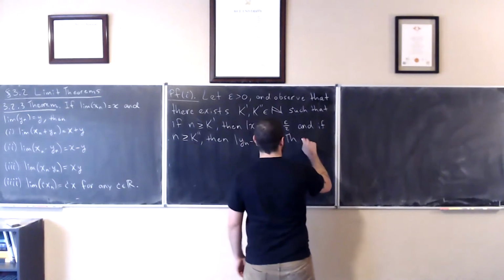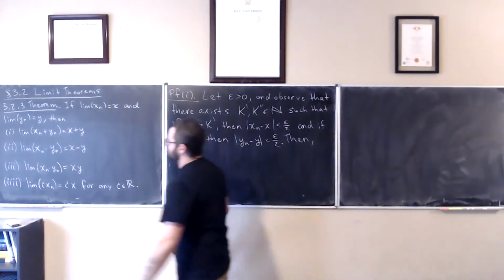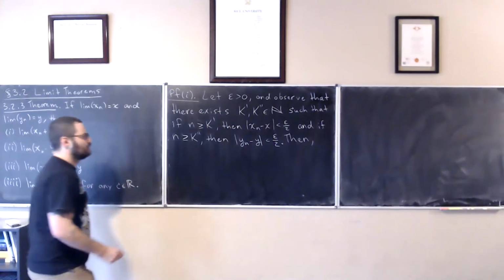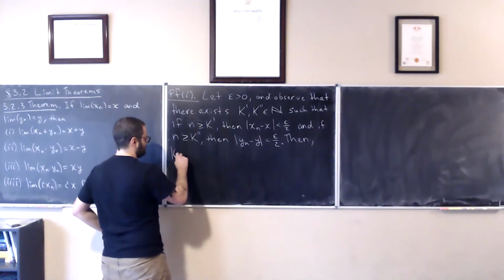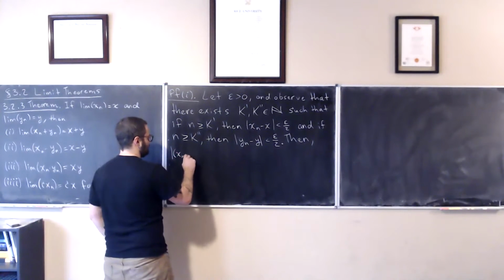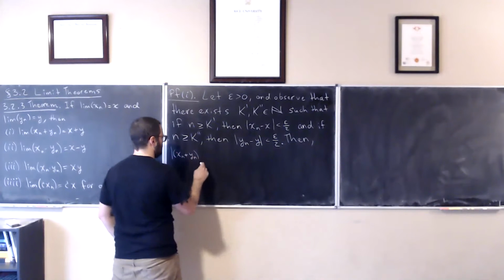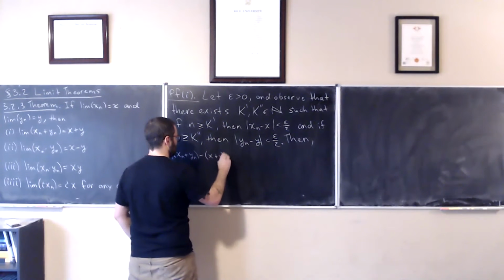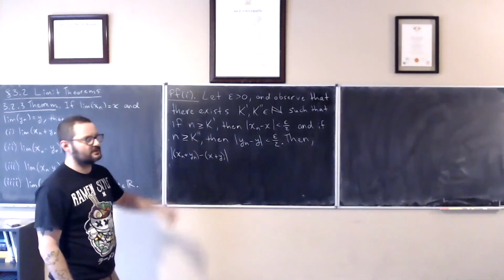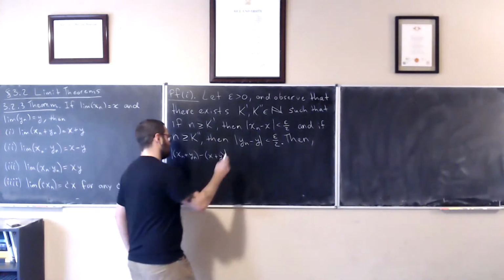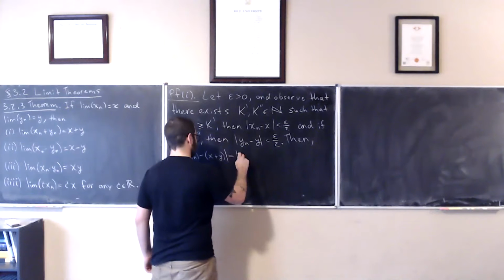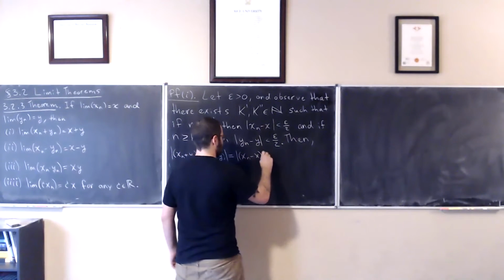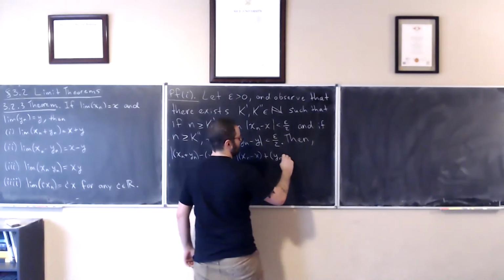So then we want to show that we can find an index where that is arbitrarily close to that. So let's look at the magnitude of this. xn plus yn minus x plus y. We want to get an estimate on how big this is in terms of epsilon. So this is equal to xn minus x plus yn minus y.